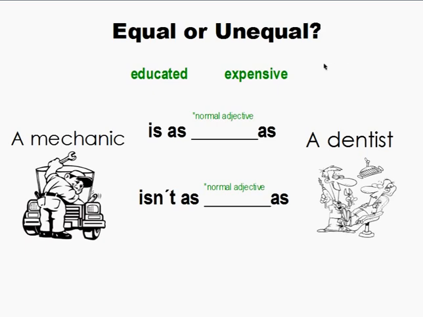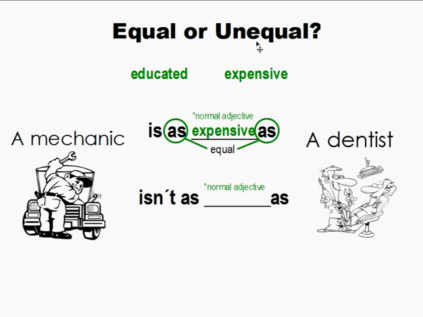Well, in my opinion, I think they are the same. I think that they are equal. So I'm going to say a mechanic is as expensive as a dentist. Now, notice when I use as, then the normal adjective, and then again as, that's when I think the two things are equal. I'm not really comparing them, I'm saying that they are equal. Okay?